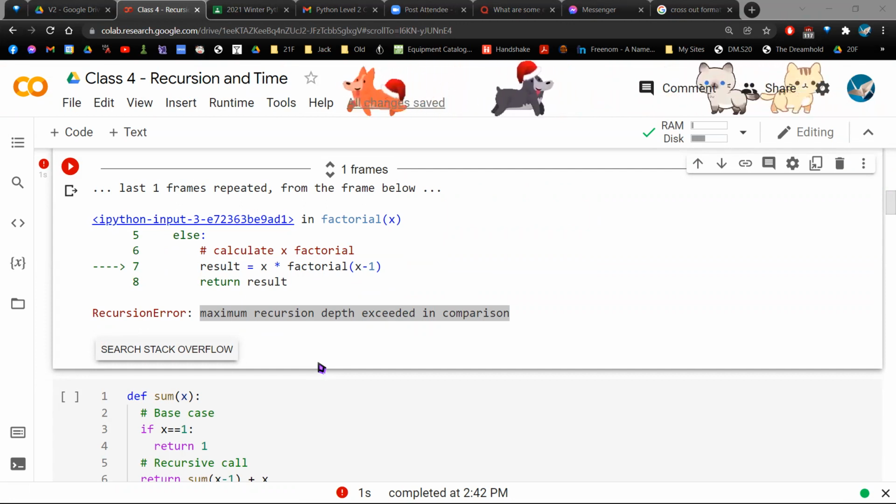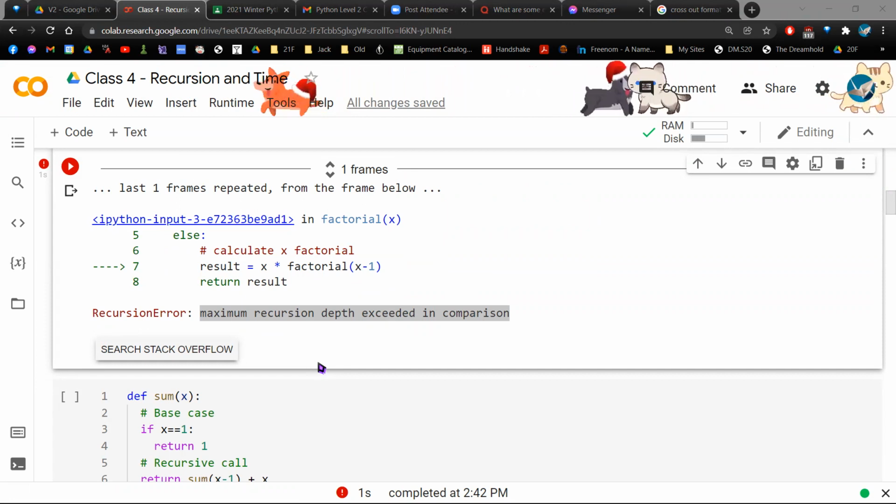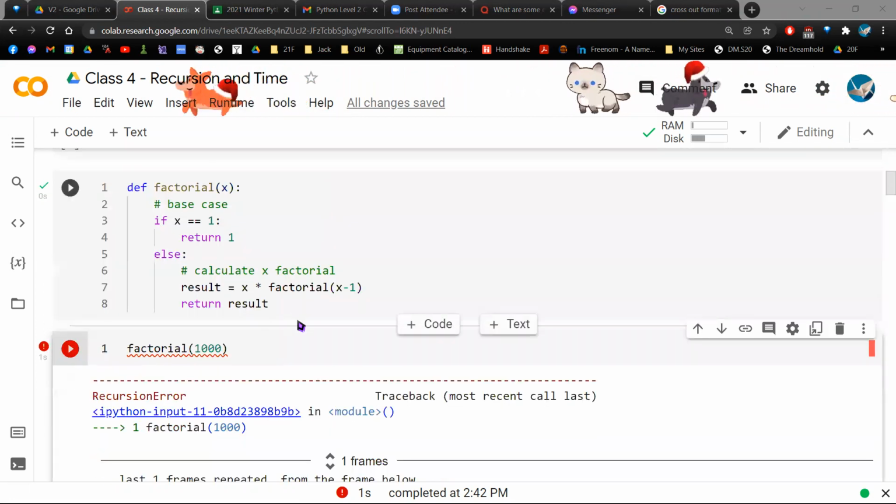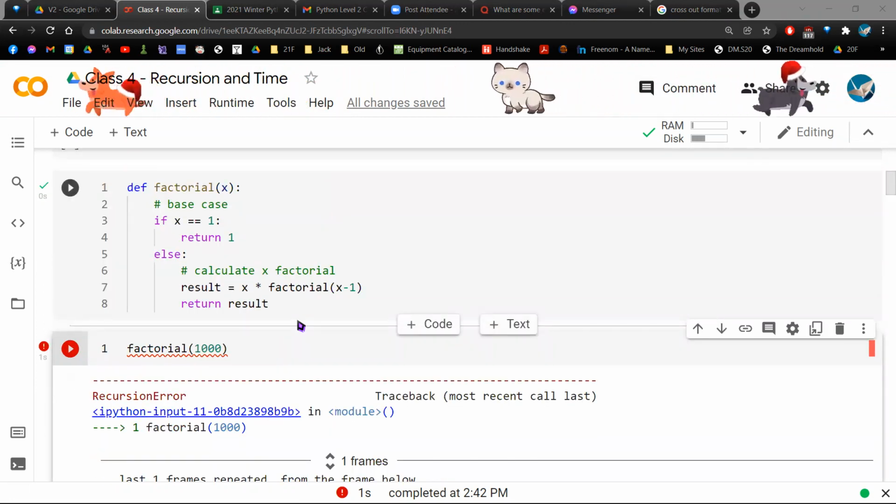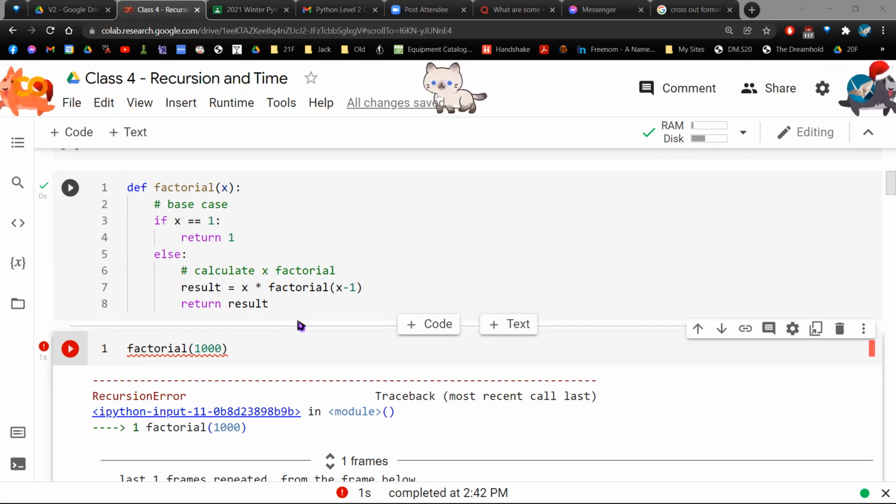And notice, in this recursive function, you don't get your answer until you reach the bottom, right? Until you reach x equals 1, you still don't know what the answer is at all, right? You're building this stack of functions, just waiting for the answer, right?